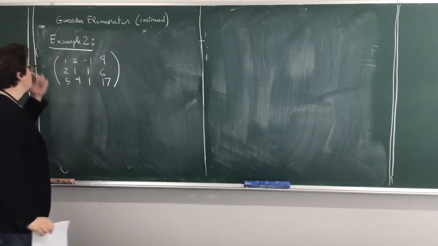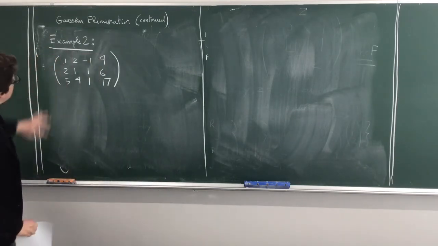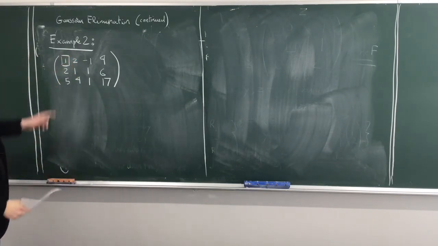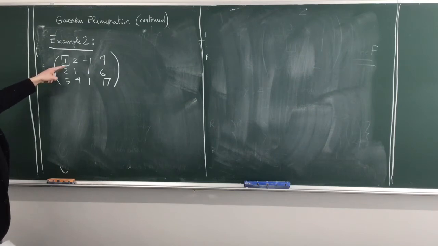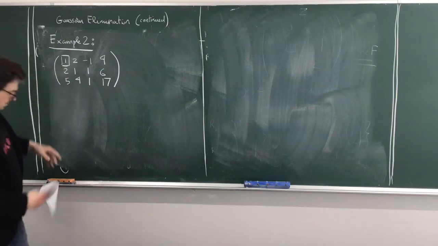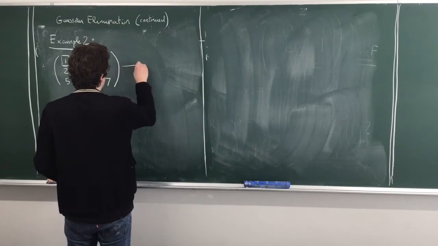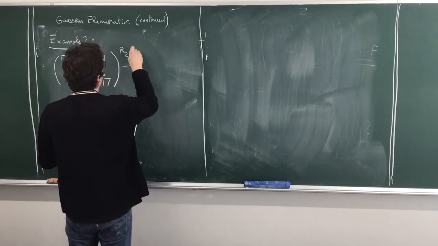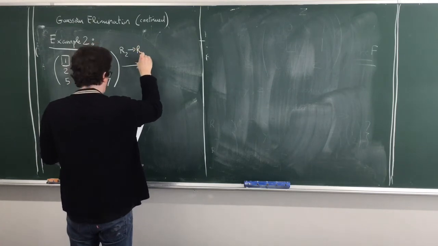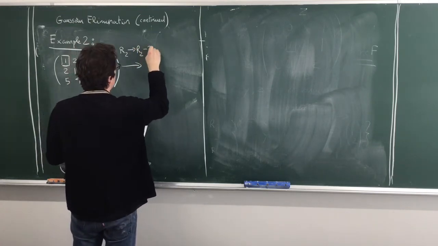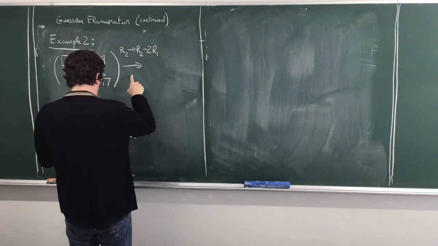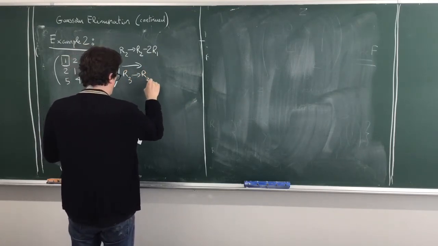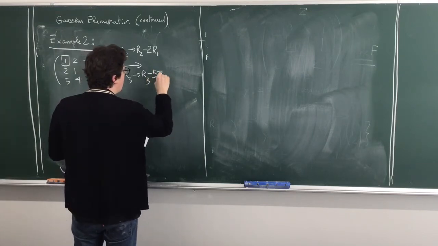Okay, so here, as you can see, we have already the first pivot. And therefore we go to step 2, which is to transform this and this into 0. How do we do that? We will do the two following operations. So first of all, row 2 will be transformed into row 2 minus 2 row 1, and row 3 will be transformed into row 3 minus 5 row 1.